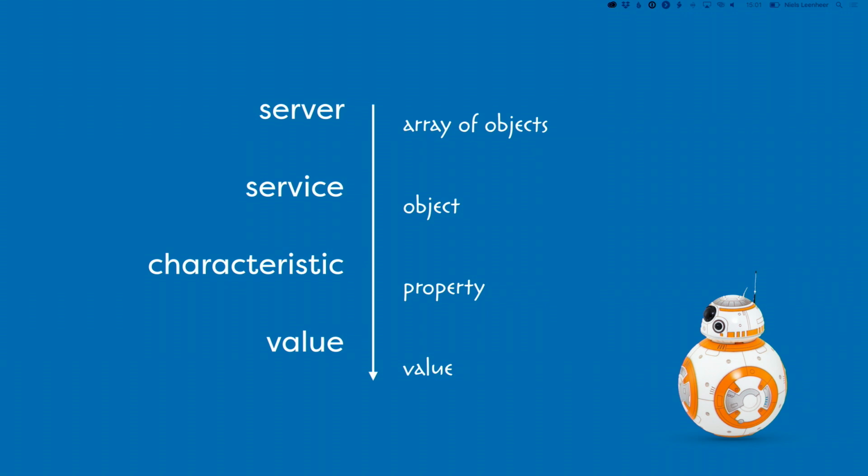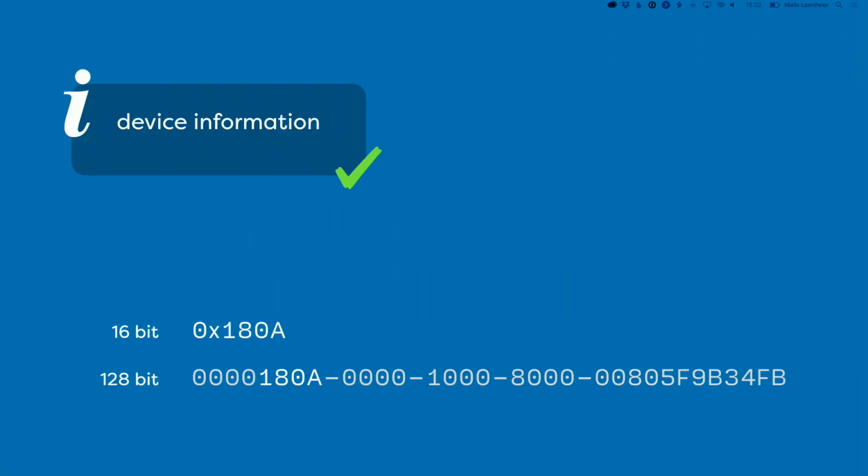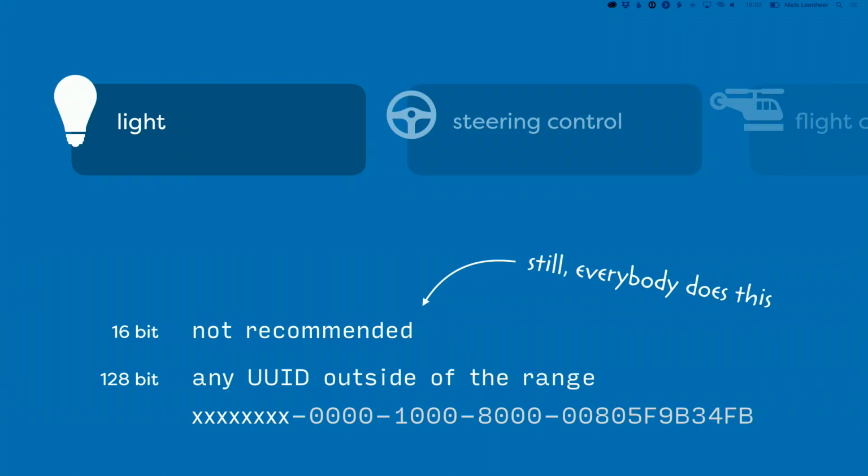And now comes the difficult part. Services and characteristics are identified by UUIDs and not names. That means device information looks like 180A and battery 180F. And if you want to have one of the custom characteristics or services, it's going to look like a 128-bit UUID.